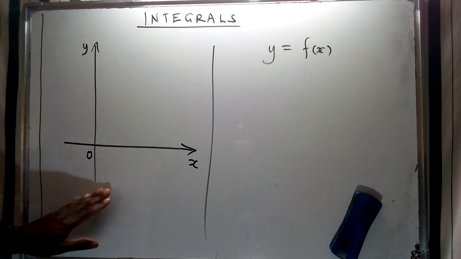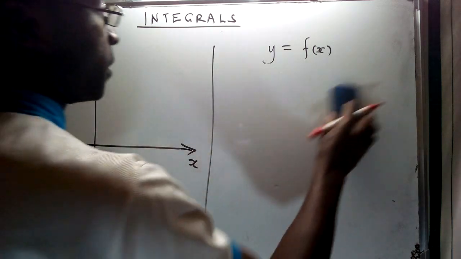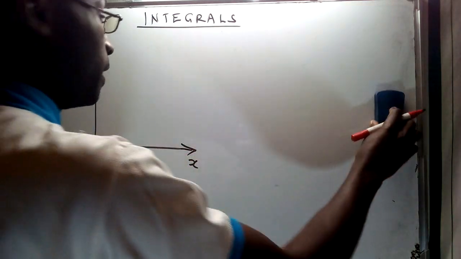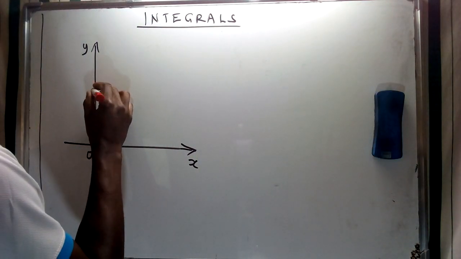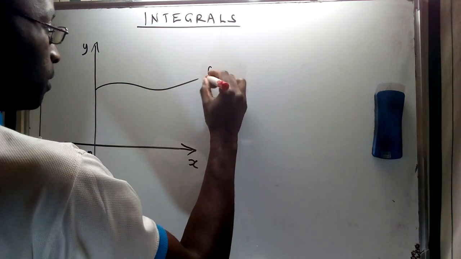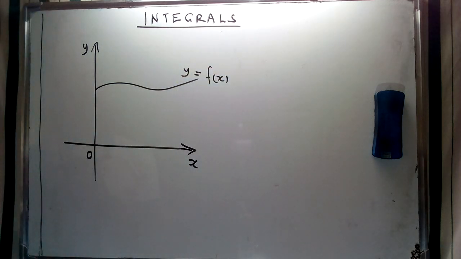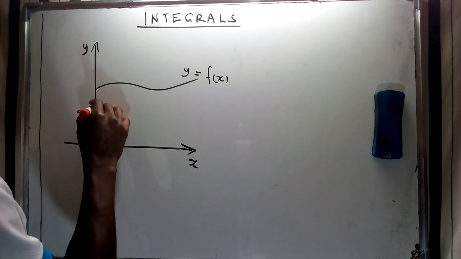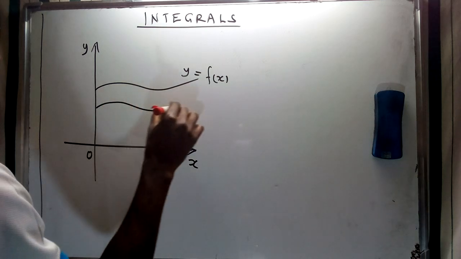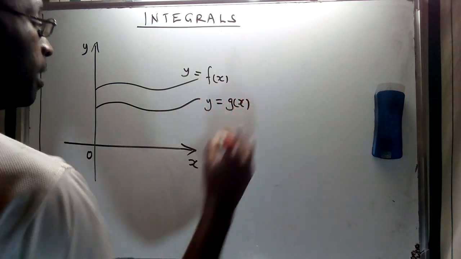So in this respect, I'm going to have two functions represented as such, whereby we have a function which is a curve, and this is going to represent y equals f of x. And suppose I have another function which is given as y is equivalent to g of x.